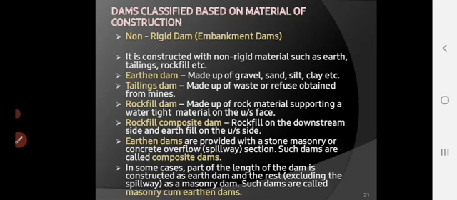Earthen dams may be made with stone masonry or concrete overflow sections. Composite dams: in some cases, part of the length of the dam is constructed as an earth dam and the rest as masonry, known as masonry cum earth dam.